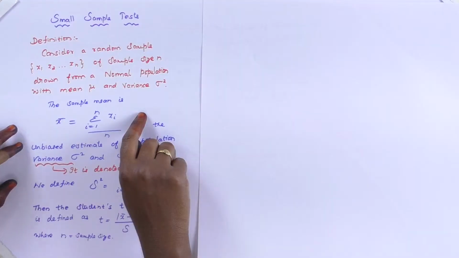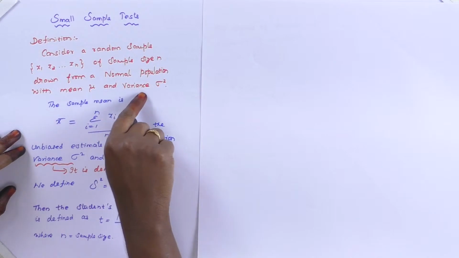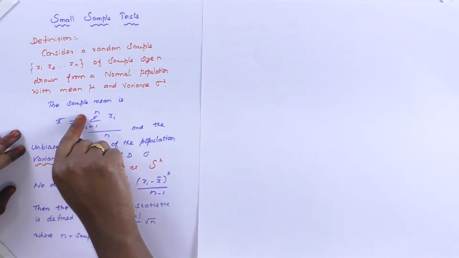Here we consider a random sample of n values x1, x2, x3, ..., xn, of sample size n, drawn from a normal population with mean and variance.